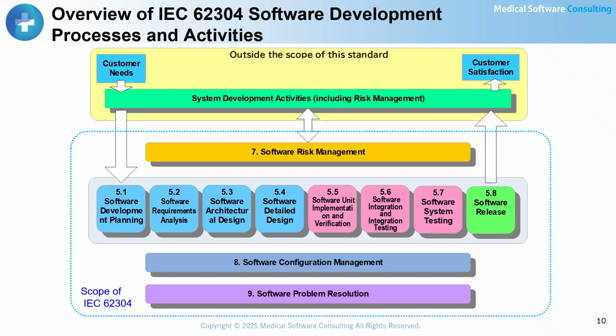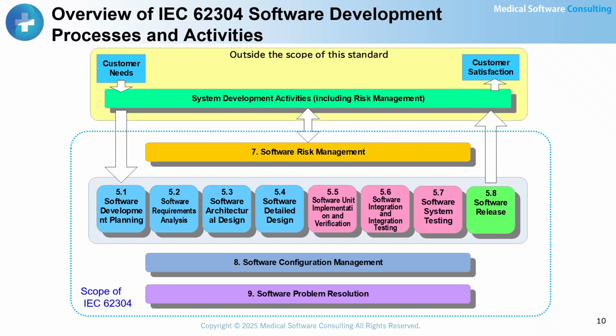This slide provides an overview of the software development processes and activities defined in IEC 62304. As part of ISO 13485 activities, customer needs are analyzed, and system development activities are carried out, including product-level risk management. Based on the outputs of those activities, the IEC 62304 processes begin.